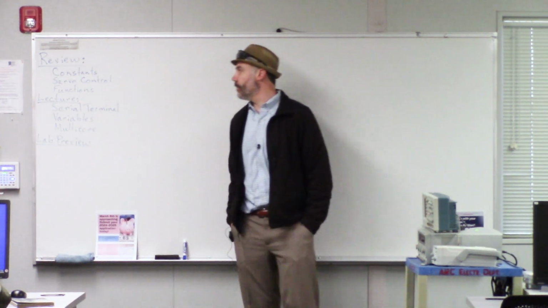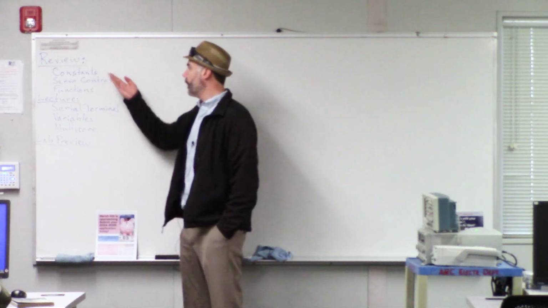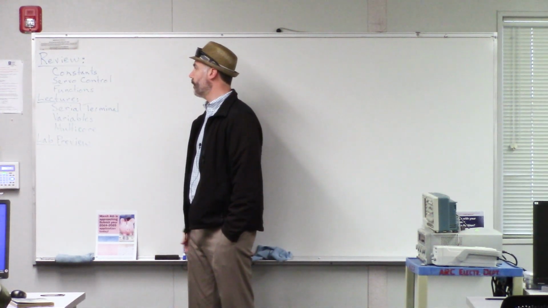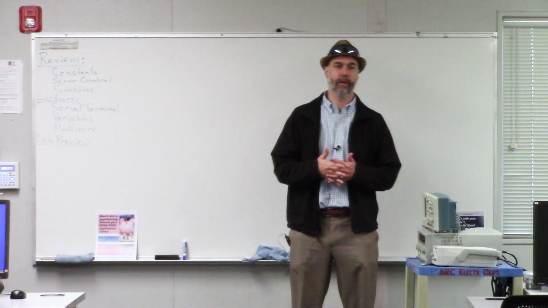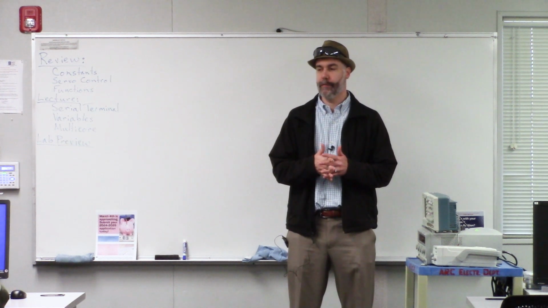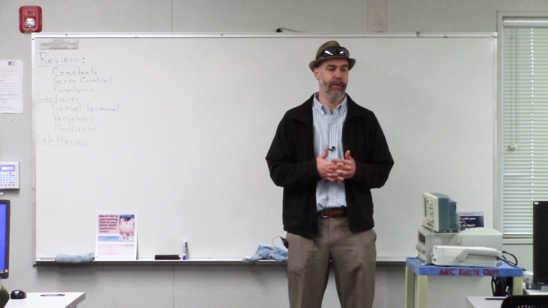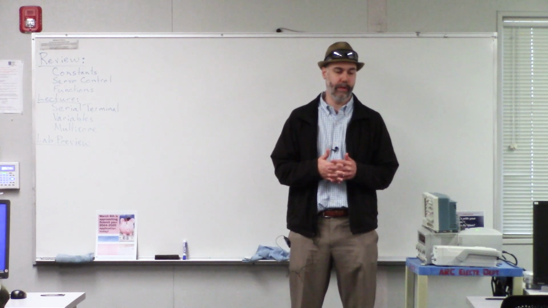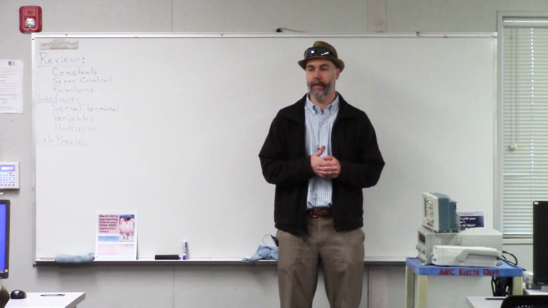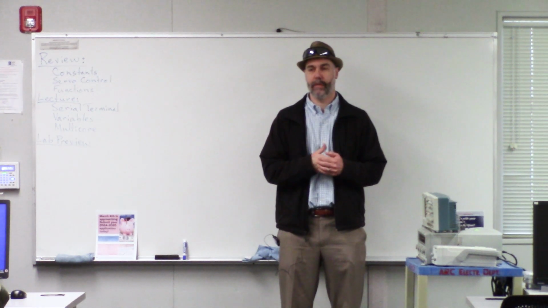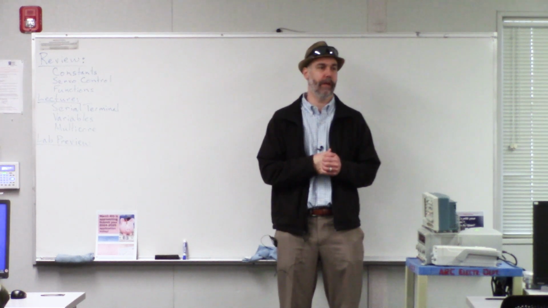Okay, so last time we talked a little bit about constants. So constants are these numbers that you define early on in your program, and they can be really useful for things like defining a pin number. So say you want to control your left motor, and you know that that's connected to pin 16 right now.